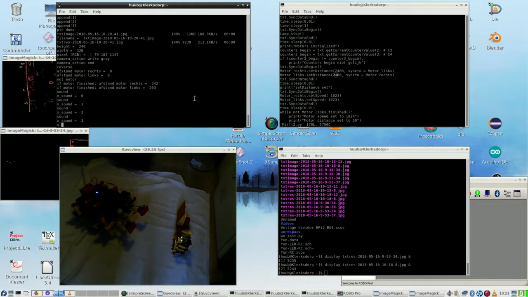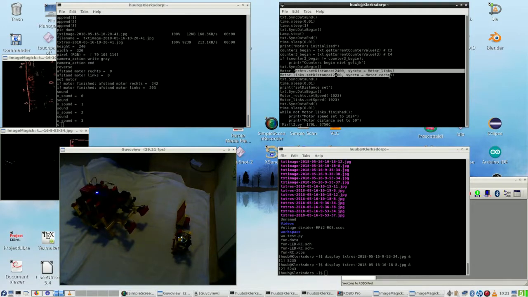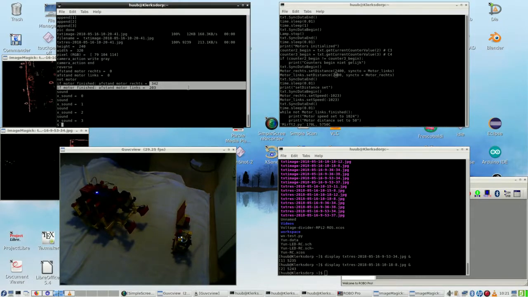Can I use distance anyway in that case? I'm afraid I can't. I can't use distance, while this is clearly used to make them walk, to make the motors walk synchronized, so they do exactly the same. Well, needless to say, that's not happening.